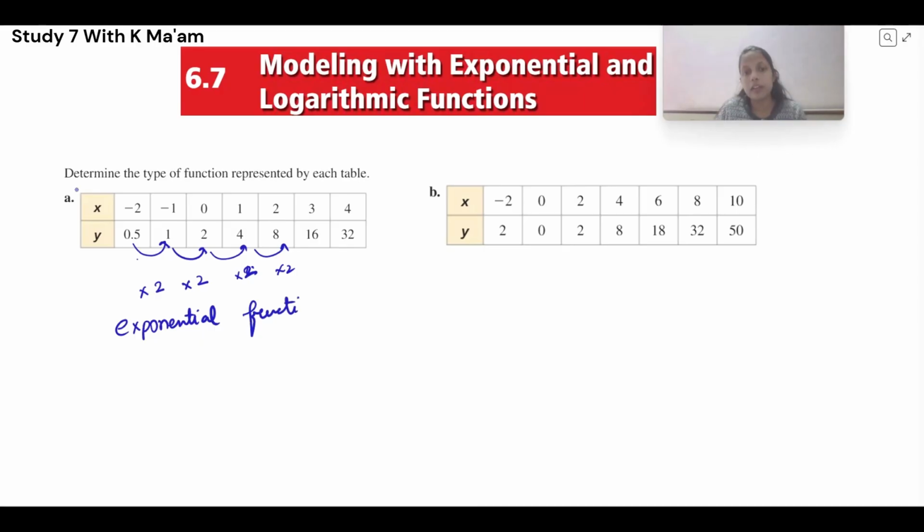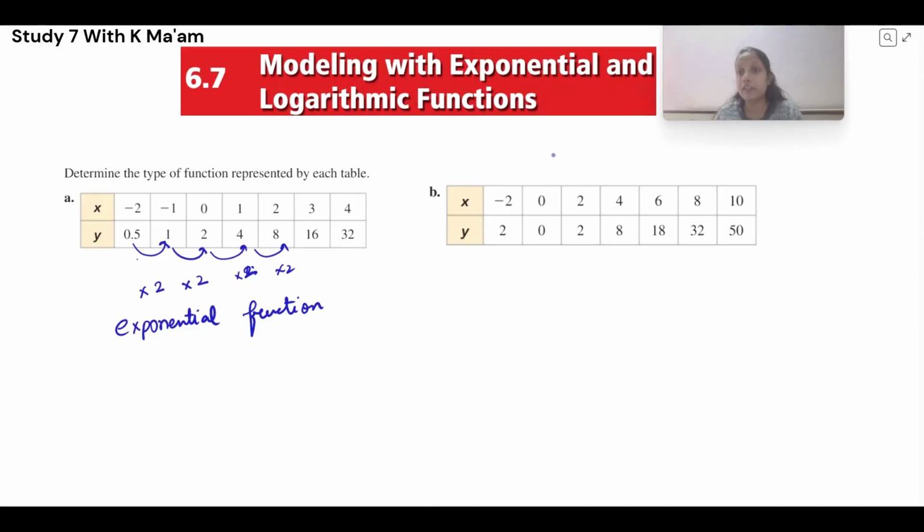Okay. Now see the B part. In the B part, x is changing continuously. How does y change? 2 and 0, then 2. It's not a multiplication because if it is a multiplication, if one of the terms is 0, the next term must be 0.